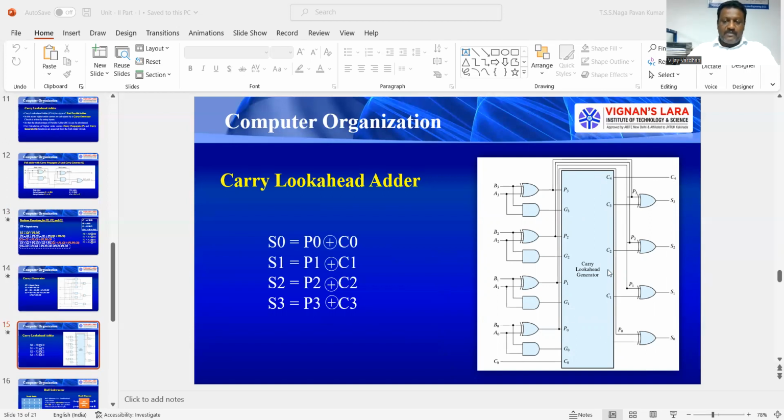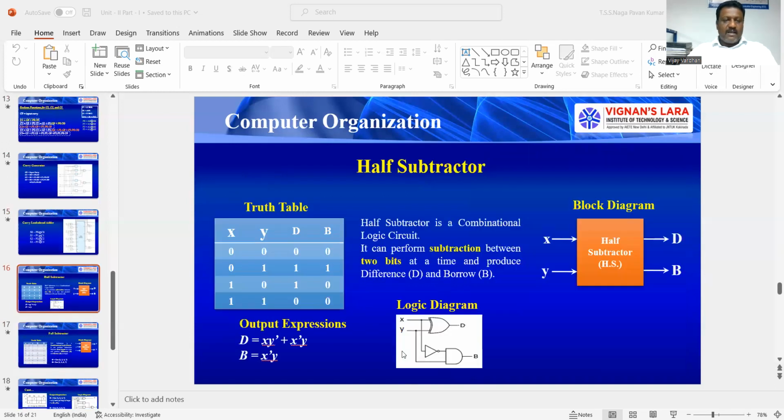So with the help of this carry look ahead adder, I'll get carries based on my input values. So the disadvantages I identified in the ripple carry adder can be overcome in this carry look ahead adder.